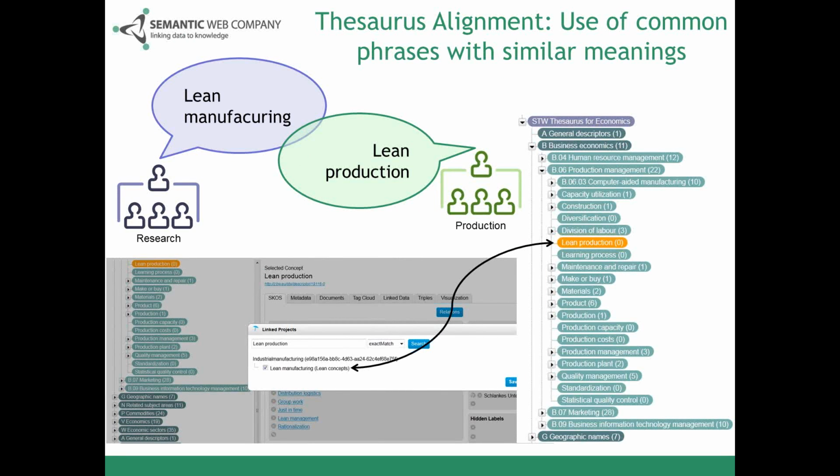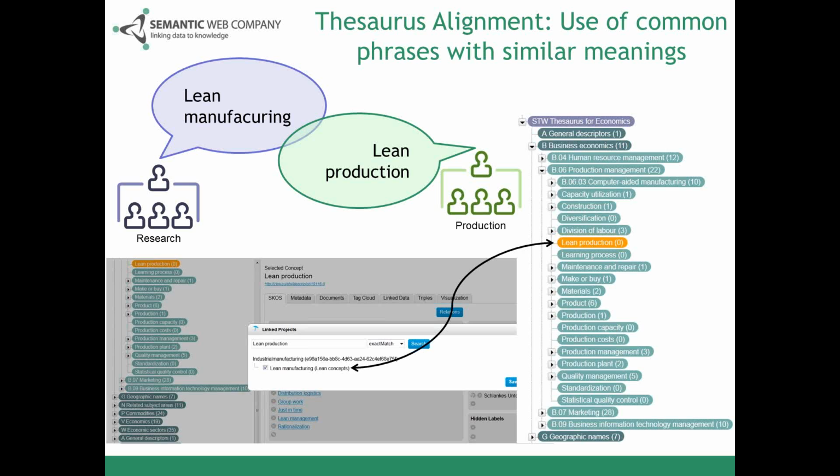So let's take a look at that. How could it look if you had a tool in place which helps you to link your enterprise vocabularies? For instance, on the right side you see the Standard Thesaurus for Economics, and there is a concept called lean production. This STW thesaurus is pretty well known, widespread, and used by many document collections already to annotate and categorize.